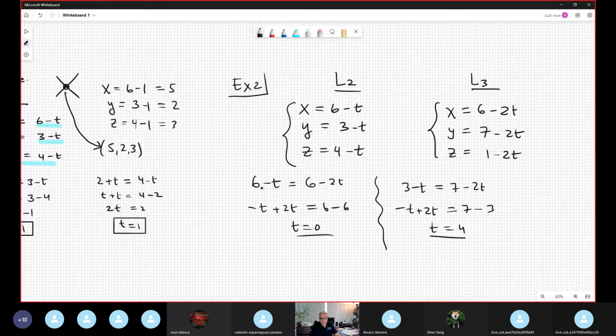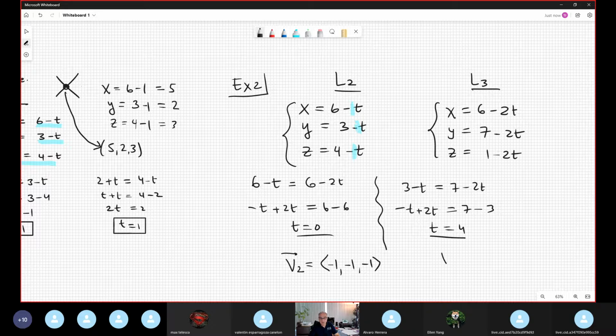No intersecting. Now, to verify whether it is parallel or not, take the direction vector of line 2. The direction vector is the vector (-1, -1, -1). Look at the coefficients in front of the t.